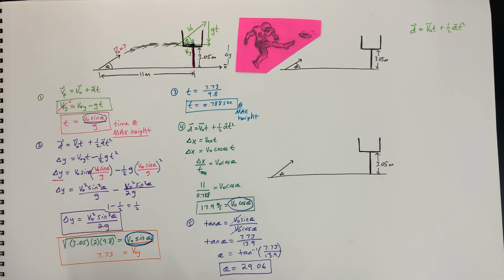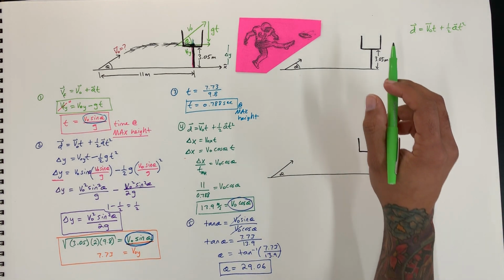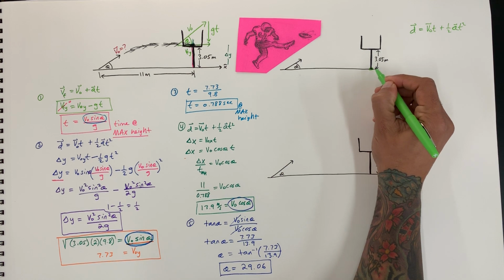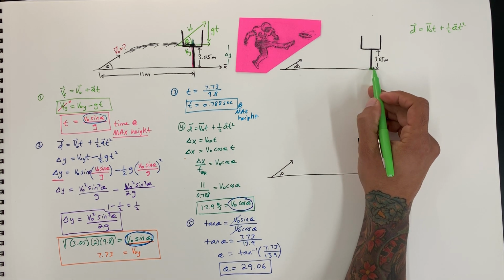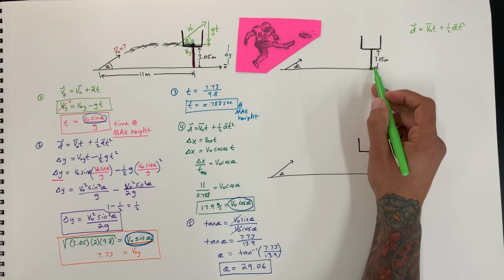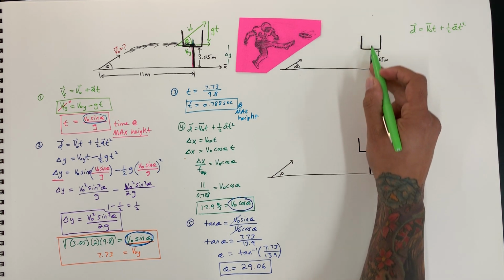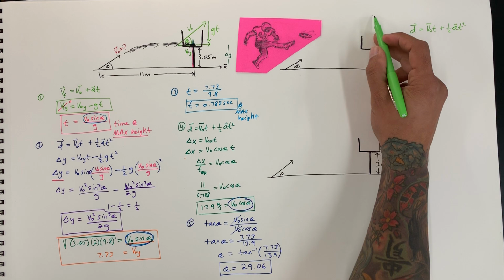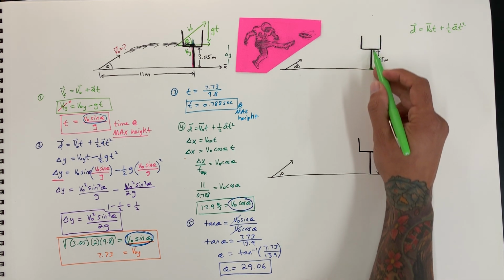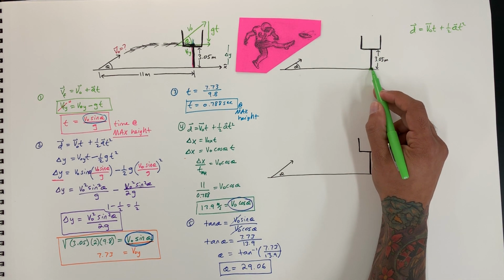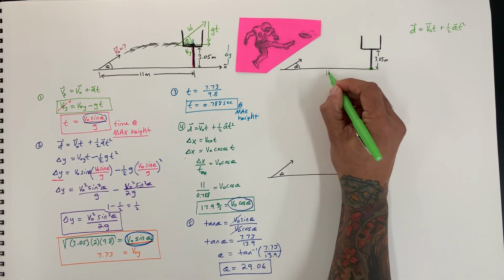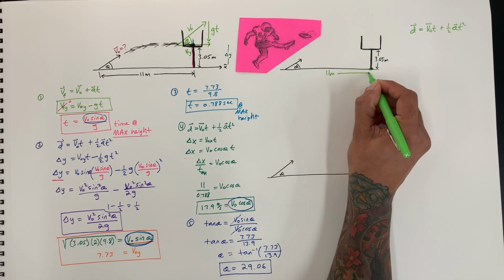Okay, so let's use the triangle, and this right here is going to be our final position, right? Because we just are interested in this barrier here. This is like where the time is at that it takes to get here, and this is 11 meters of length.